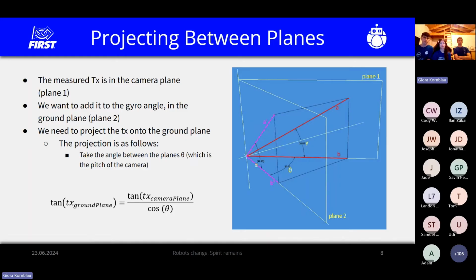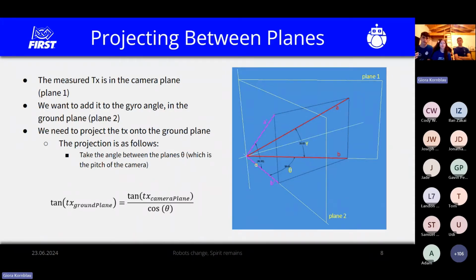The projecting between planes, it's not really easy to explain, but there is a lot of information out there on the internet, and you can Google it after the session in order to understand better. But I'll try to explain it a bit here. We get the tx in the camera plane, which in the picture is plane 1. But we want to add it to the gyro angle, which is in the ground plane, in the picture plane 2.